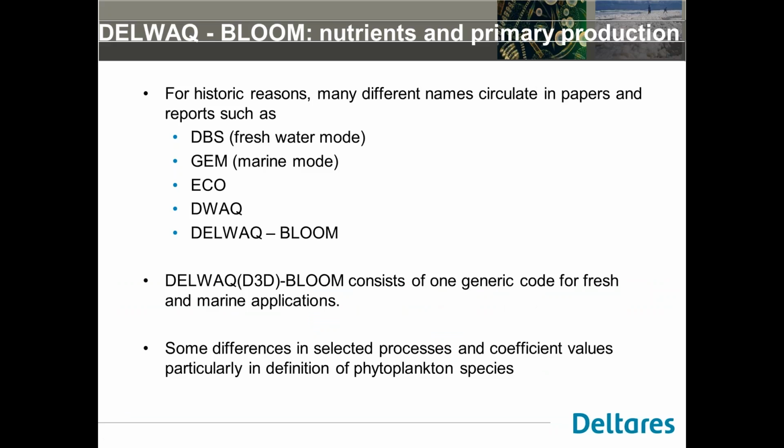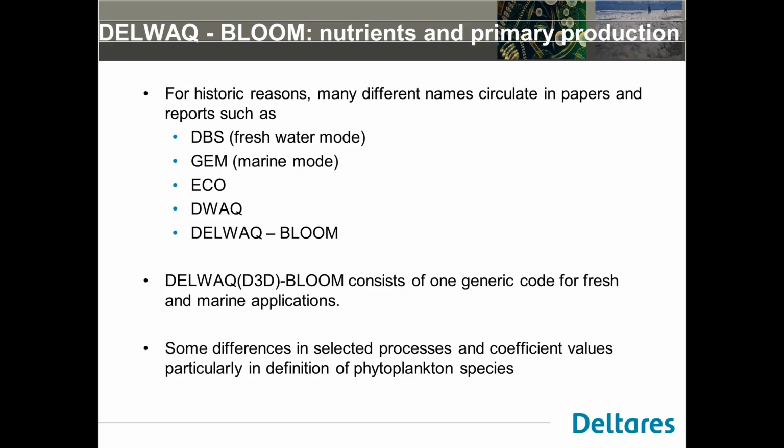For historic reasons, you may find very many different names circulating in papers and reports, such as DBS, which is freshwater mode, GEM, the marine mode, ECO, DVAC, Delvac Bloom, and if you look carefully, you'll find even many more different names, which may be confusing.